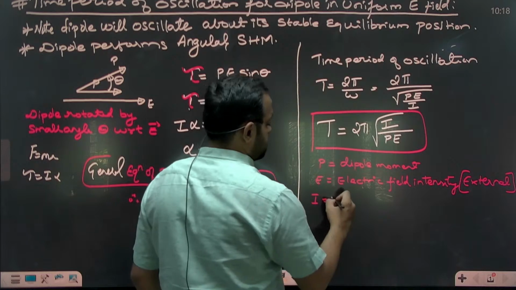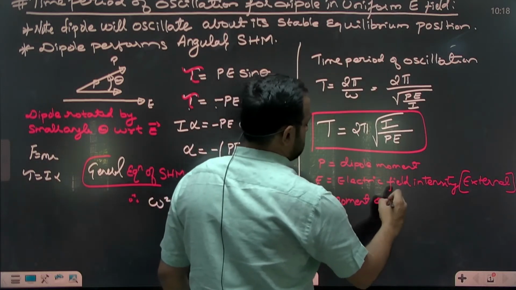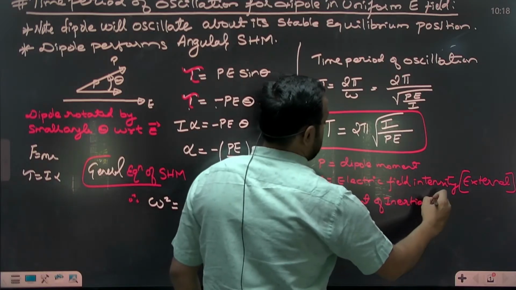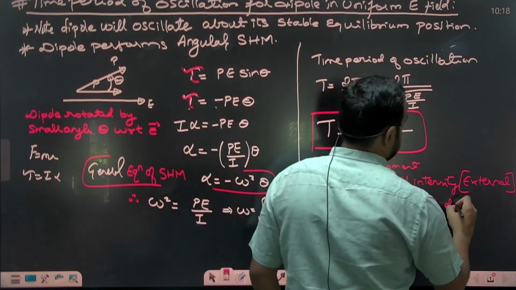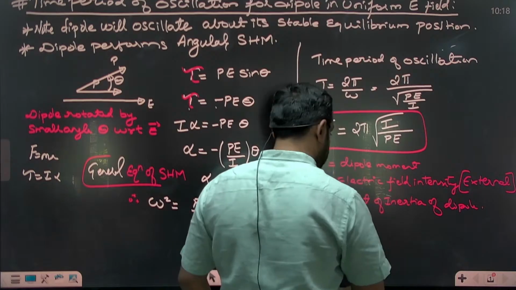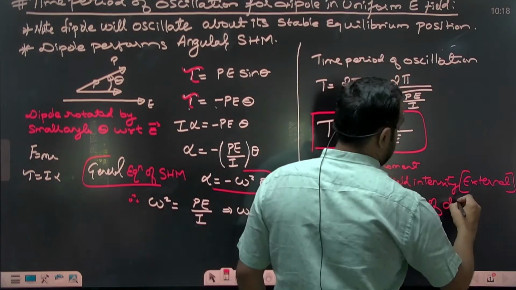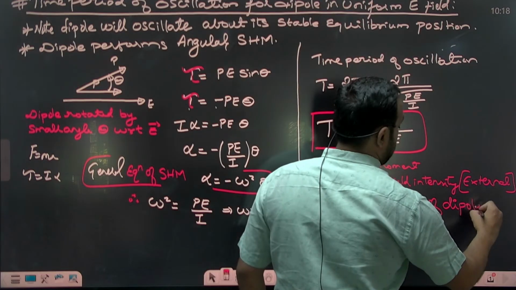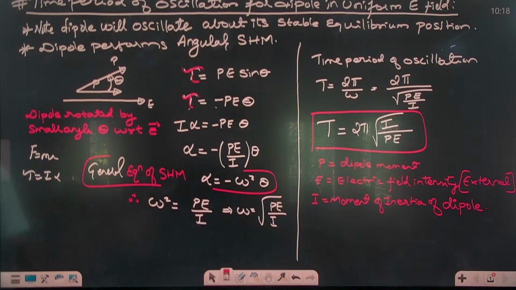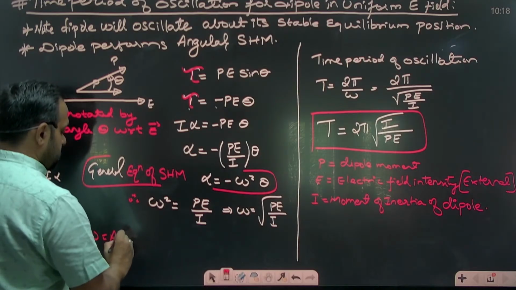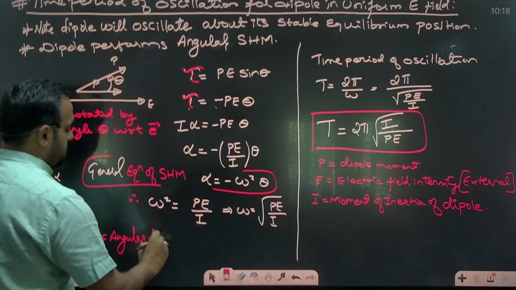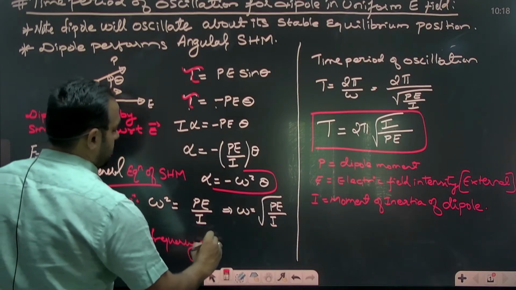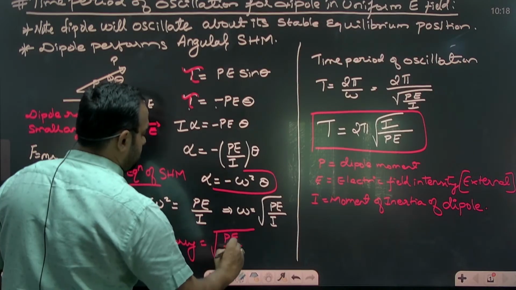Then I is the moment of inertia. Omega is the angular frequency, which is equal to under root of PE divided by I.